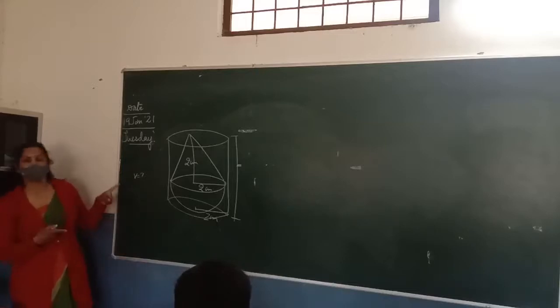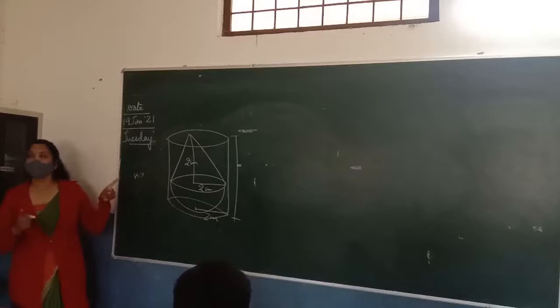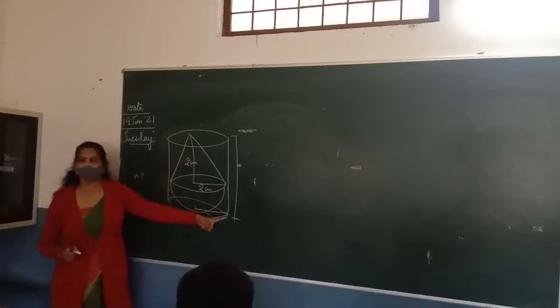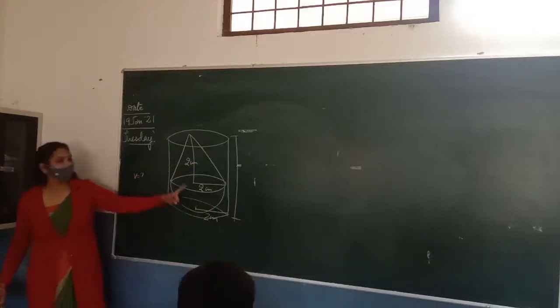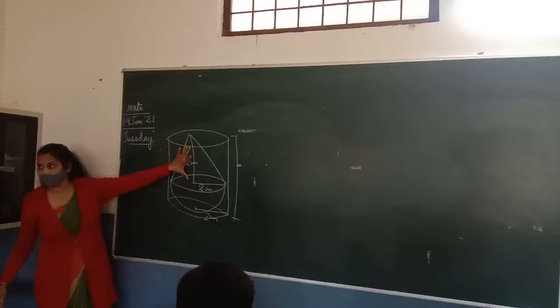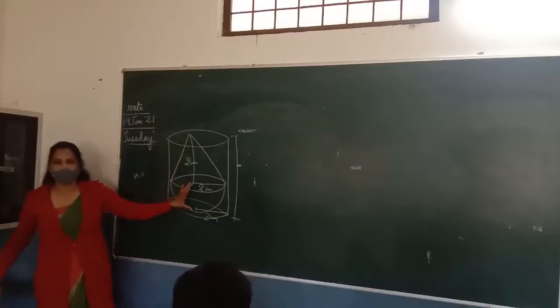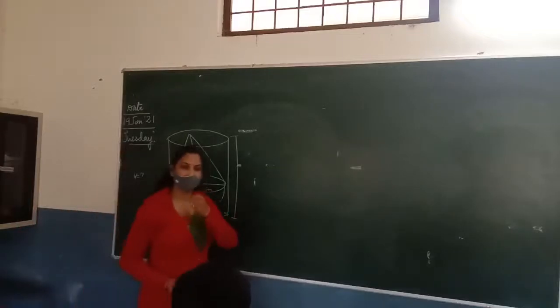Just look at the figure carefully and answer me. Okay, good. It is 4. But why 4? The height of the conical portion is 2. And what should be the height of the hemisphere? 2. Yes, good. It means the hemisphere always has a height equal to its radius, 2 centimeter.